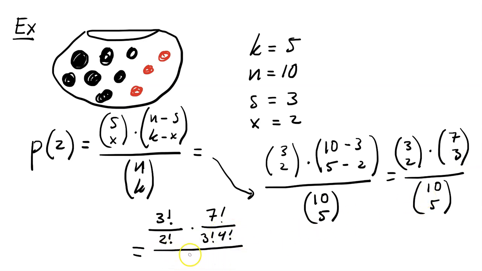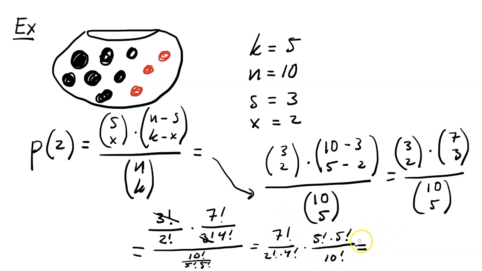And 10 over 5, that's 10 factorial over 5 factorial, and 10 minus 5 is also 5 factorial. This simplifies to that. Now we'll have 7 factorial, 2 factorial, 4 factorial, 5 factorial, times 5 factorial. Here we have fractional division, so we have to flip, like this.